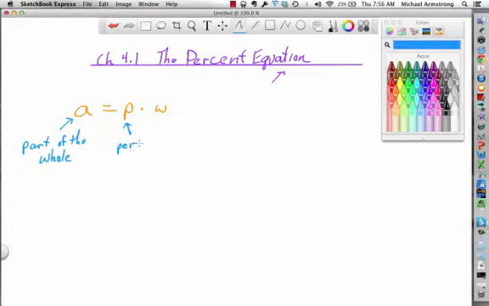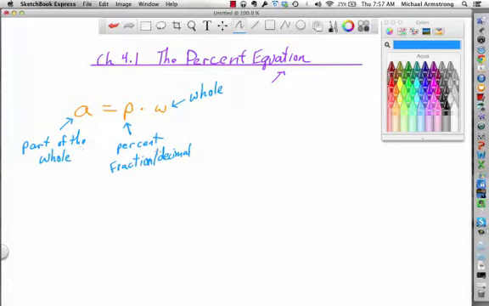So P is just percent, but it could be a fraction or it could be a decimal. And that's something we're going to have to talk about. And the W stands for the whole. So A is for part of the whole, P is for percent, and W is for the whole.